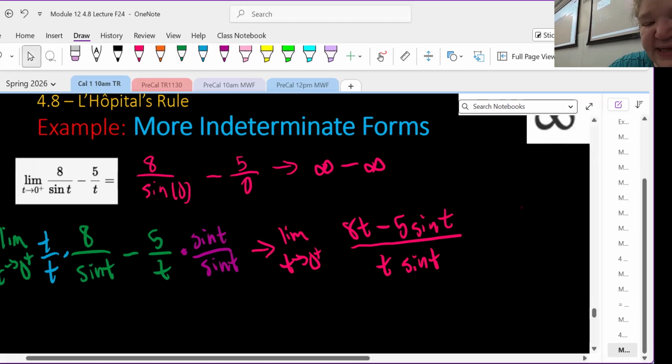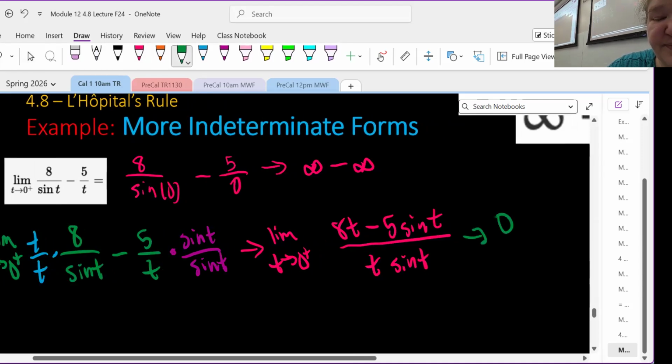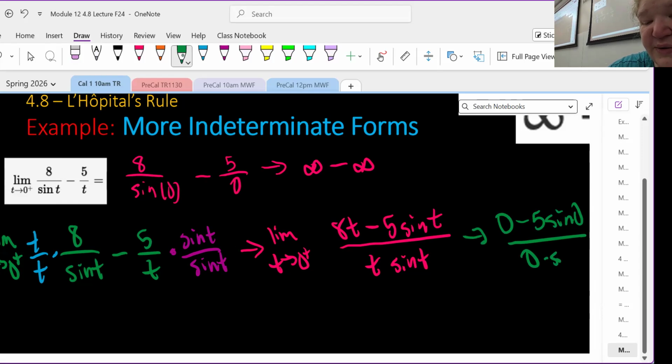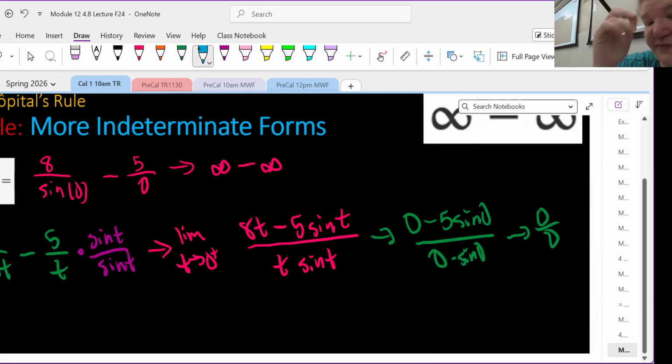All right, now I'm going to plug in the zeros. So I have 0 minus 5 times the sine of 0 over 0 times the sine of 0. Well, sine of 0 is 0, so I got 0 over 0.